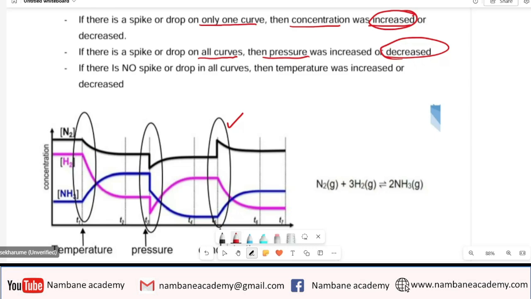So we are going to look at our delta H there. For argument's sake, if I put delta H to be less than 0, we know the forward reaction and the reverse reaction. Looking at the top one, the forward reaction will be the exo, and the reverse will be the endo.